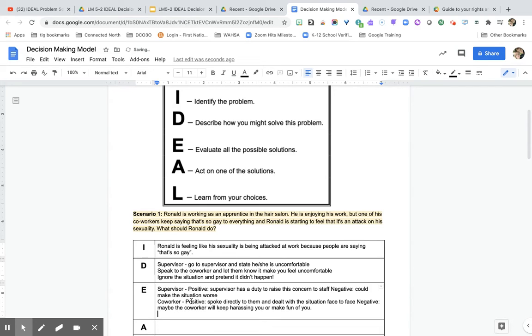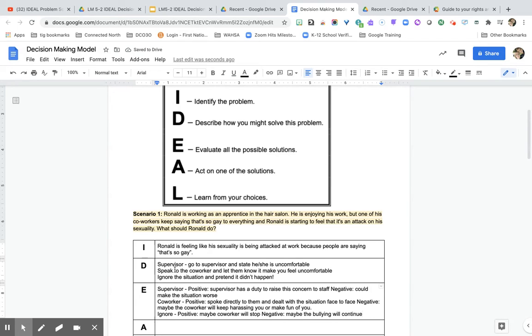And then the third thing is to ignore it. Maybe the positive of ignoring is maybe the coworker will stop. But the negative is maybe the bullying will continue.